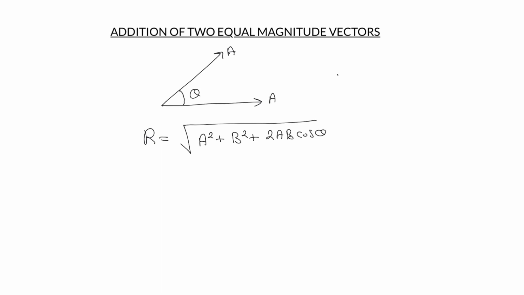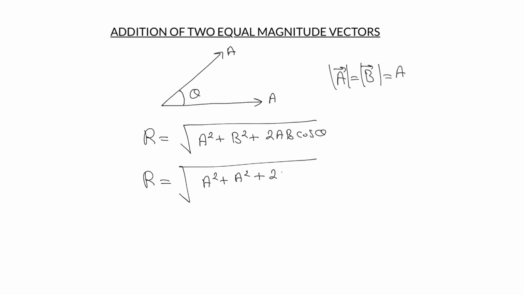In this case, the magnitude of a vector and the magnitude of b vector are equal, so we can just take it as a. So we can write the equation for this resultant vector as under root of a square plus a square plus 2 into a square cos theta, which can be written as under root of 2a square plus 2a square cos theta.